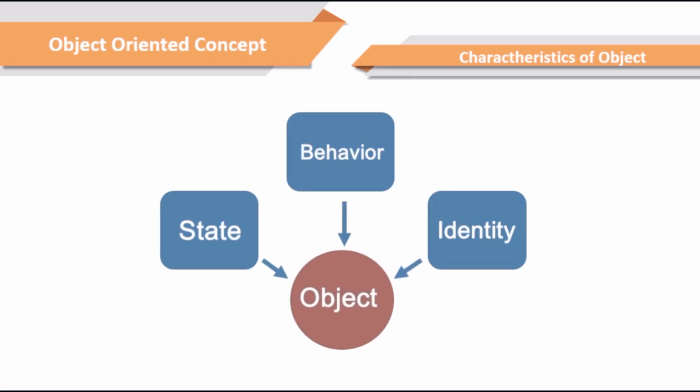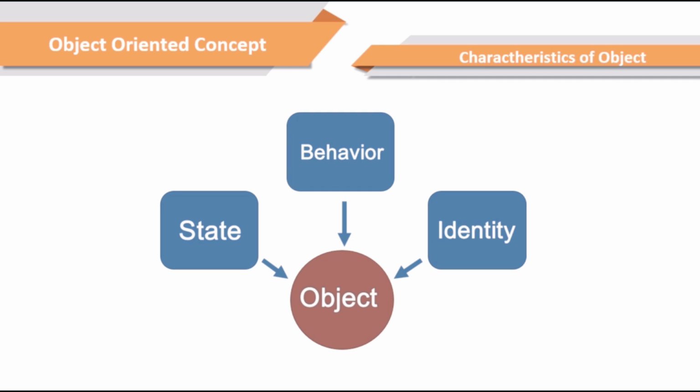It has a state, behavior, as well as identity. The state represents the data of an object. Now, the behavior represents the action of an object, such as start, stop, etc. Identity is used internally by the Java virtual machine to identify each object uniquely, right? So the value of ID is not visible to the external user.